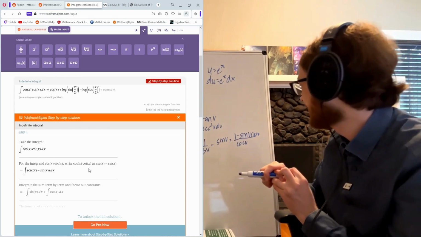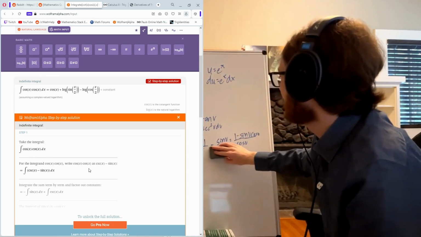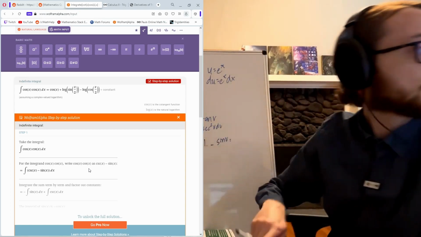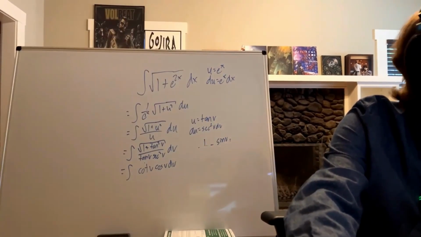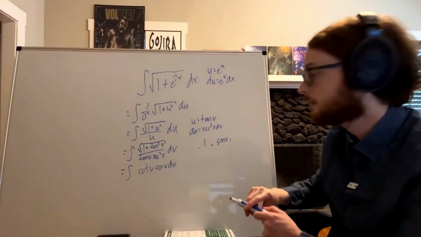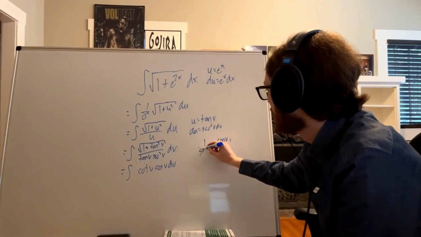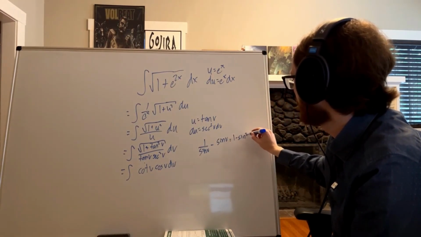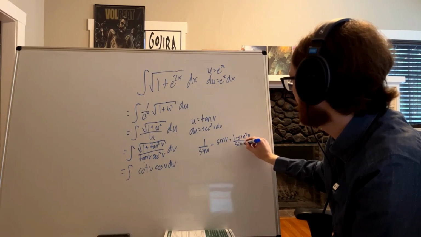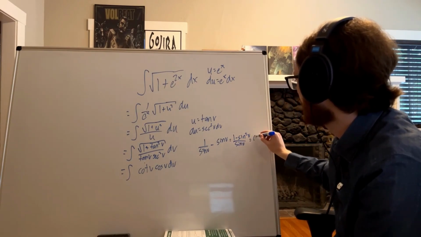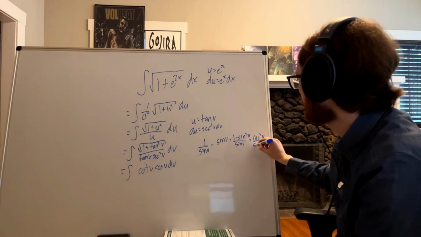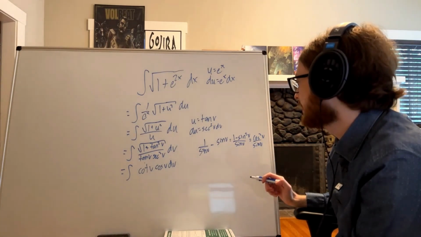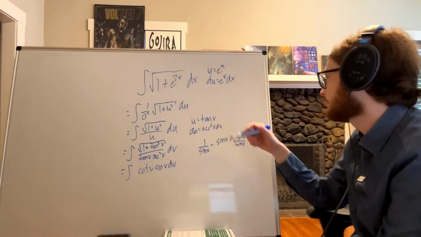Oh wait, cosecant and secant I always get mixed up, and I still have the browser up, don't I? So that's cosine squared v over sine v. And I guess that's what we have there. Okay.